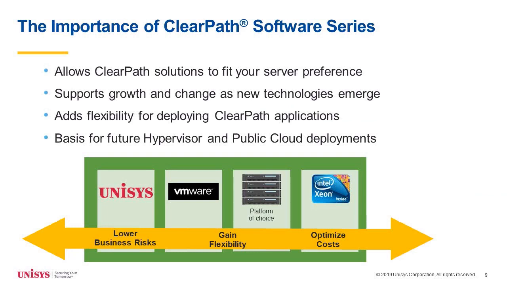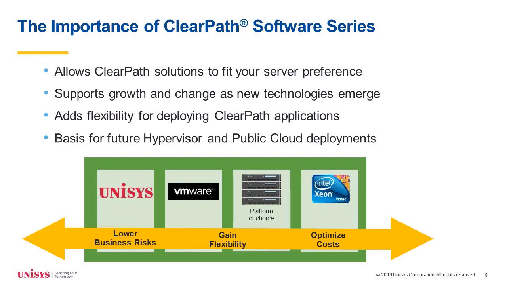Let's talk a little about the software series strategy. We recognize that data centers have been changing and that the ClearPath products must keep pace. We see that there's a great many of our clients that want the choice of a server architecture, or to be able to change that as the technologies grow and their needs grow.